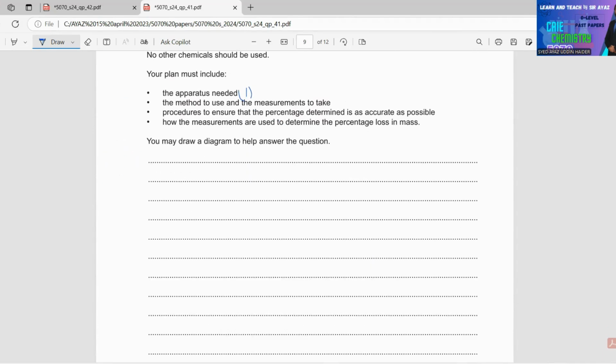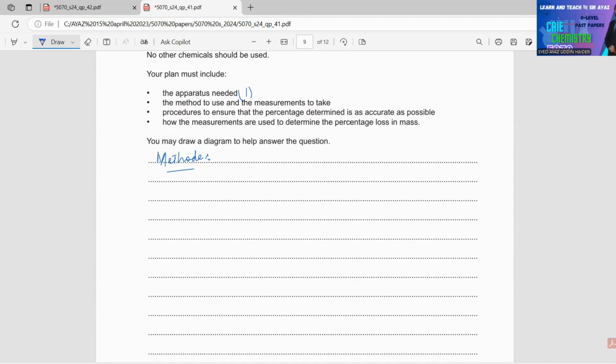What else you can write? Now they are saying method. What method are you using? So first of all, now here I'm going to write method. It's of 6 marks, so you can write any 2 points from this method. Then I need 2 points for accurate measurement. 1 mark will be left.